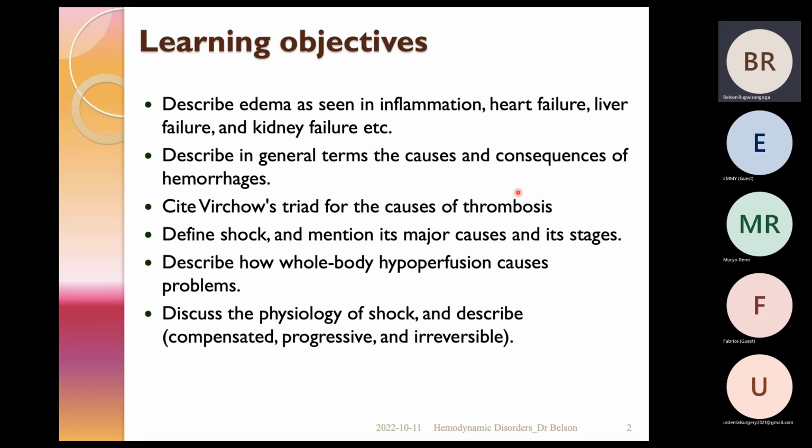Edema as seen in inflammation, heart failure, liver failure, kidney failure, and the other conditions. Also, we'll see the causes and the consequences of hemorrhages, the Virchow's triad, which are the causes of thrombosis.